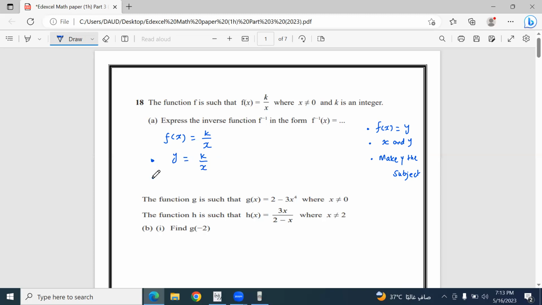Then we will replace the value of x and y: x is equal to k over y. And the third step is to make y the subject. By cross multiply, we can say that xy is equal to k and y is equal to k over x.